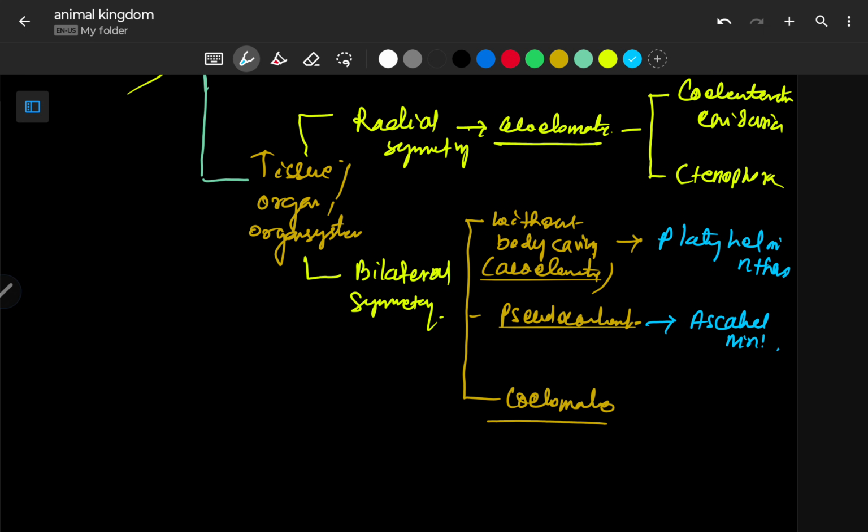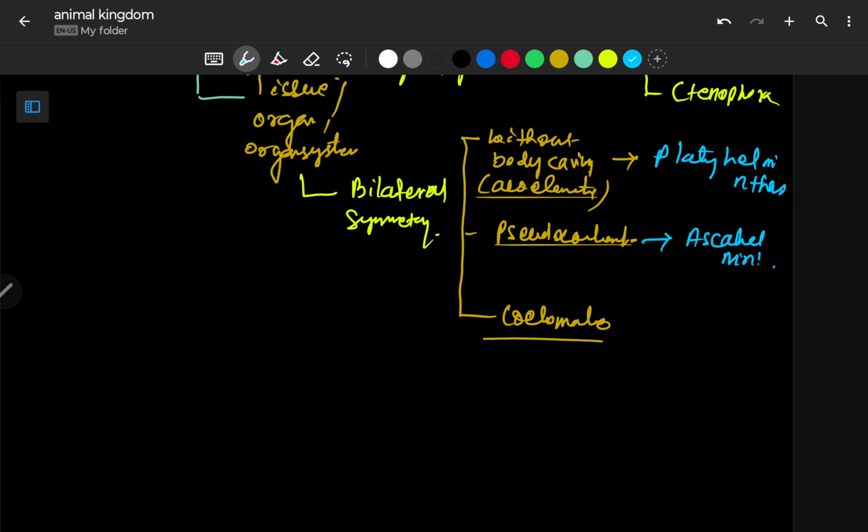Okay, and those which are with true coelom are Annelida, Arthropoda, Mollusca, then Echinodermata.